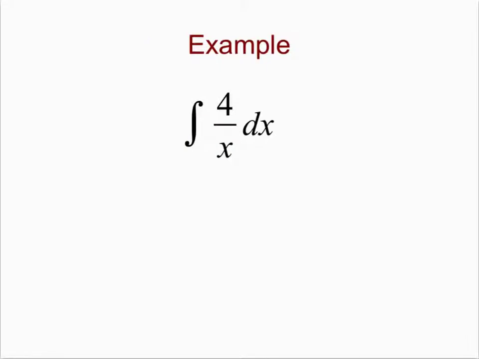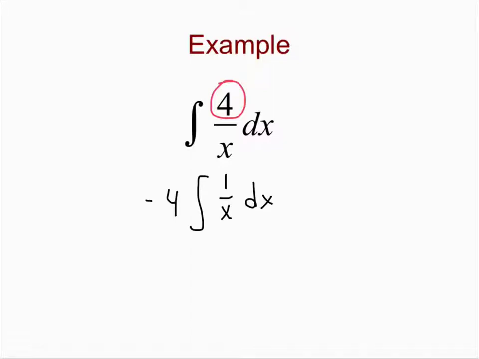So here we go. We're going to try to do the antiderivative, or the integral, of 4 over x dx. Now I just got done telling you that the integral for 1 over x has a formula. But what about 4 over x? Well, this 4 is just a constant multiple. I can factor it out, and then I will be left with a 1 over x, which is what we just learned.